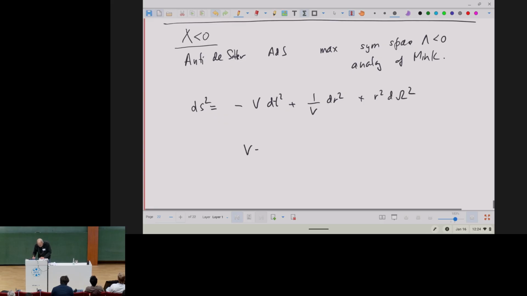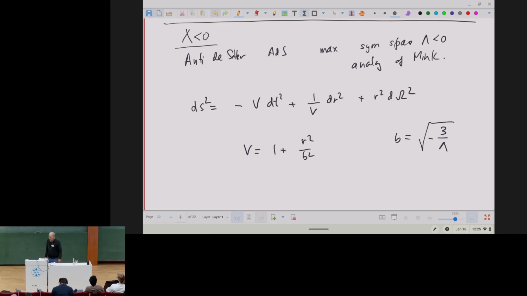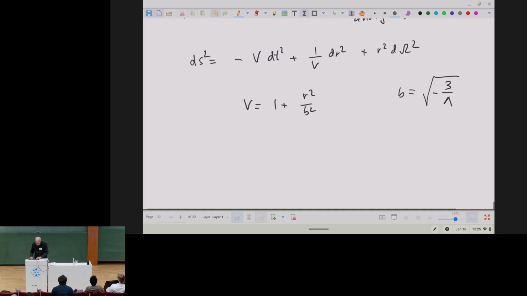Where V is 1 plus r squared over b squared, and b is related to the cosmological constant, which is here assumed negative. So minus 3 over lambda is positive, so b is real. So that's the Lorentz signature version.